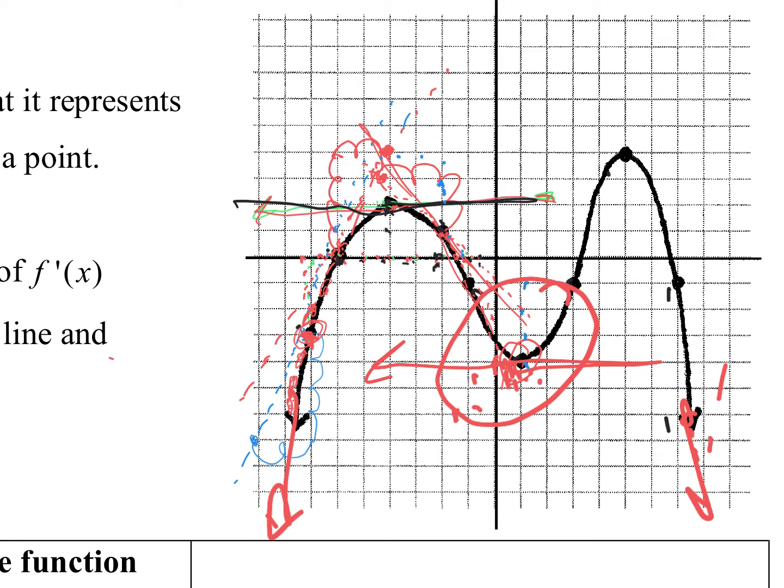Tell me what the derivative is before I get to x equals -4. What was the graph doing? It was increasing, right? What happened on the other side of -4?